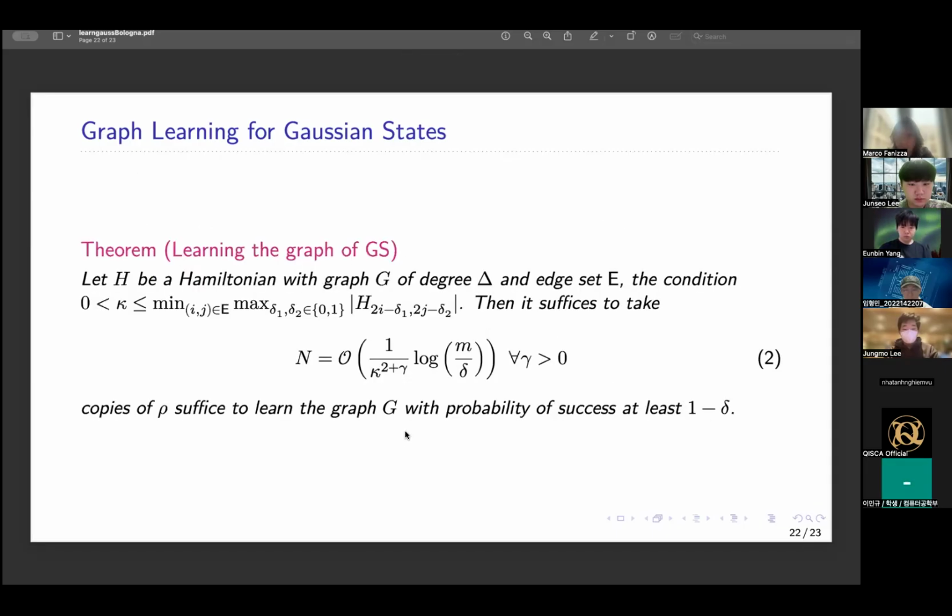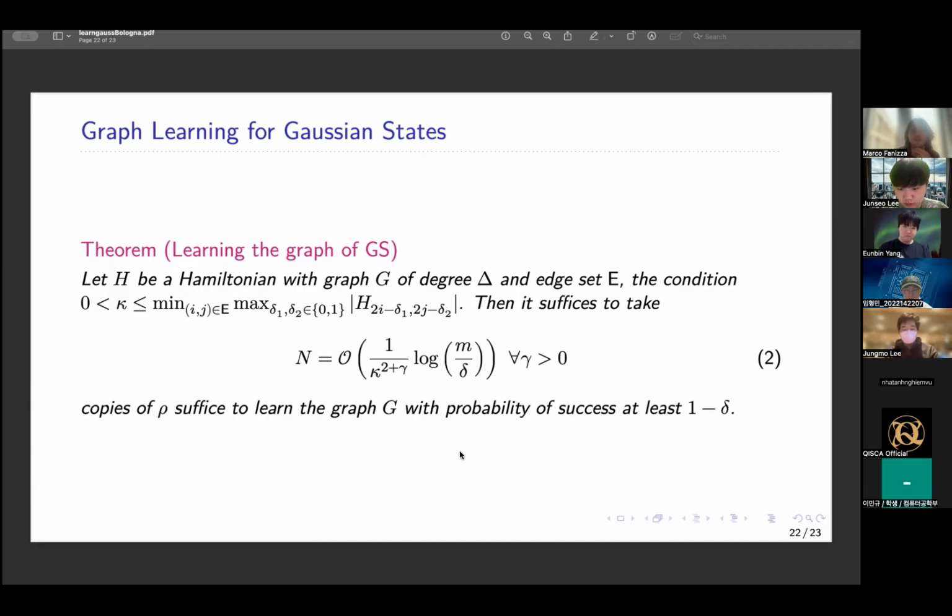And again, this is the statement of the result. We have a graph of bounded degree, edge set E, and a certain condition on the entries of the Hamiltonian that need to respect this threshold. And then, with the number of copies that is logarithmic in M and depends in this way on the threshold, we can learn the graph.